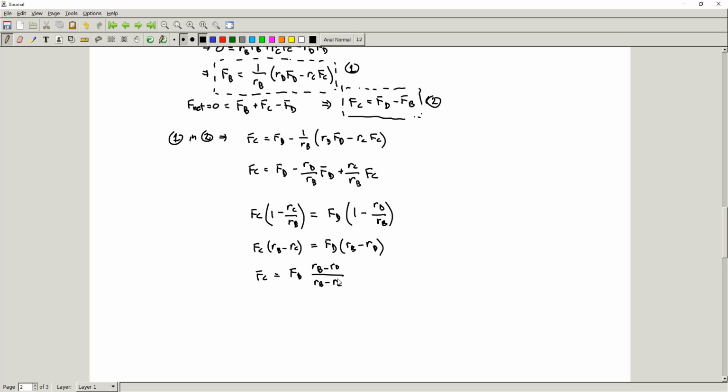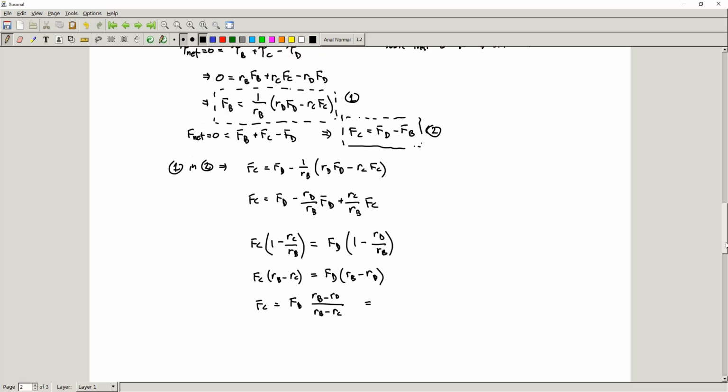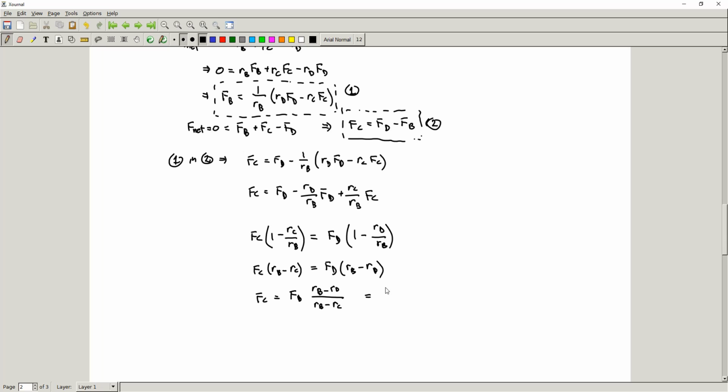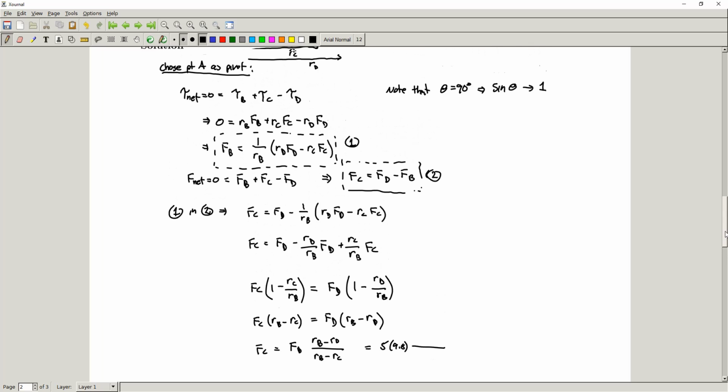Okay, and so now we can solve for FC. We just have to substitute in numbers. So we know that our FD is just our FG, which is just MG, which is just 5 times 9.8, right? And then we have this ratio here. So we have RB minus RD. Well, what's RB?